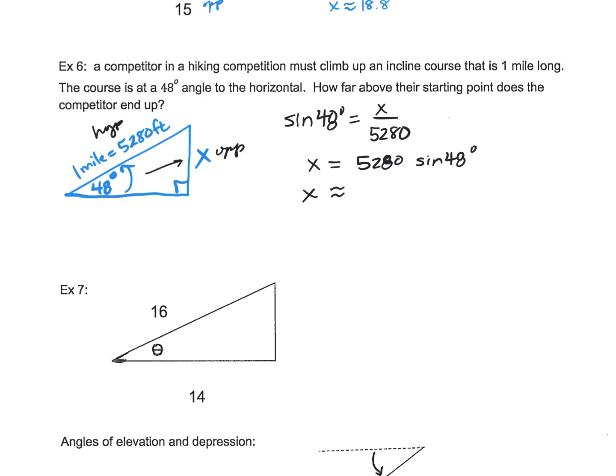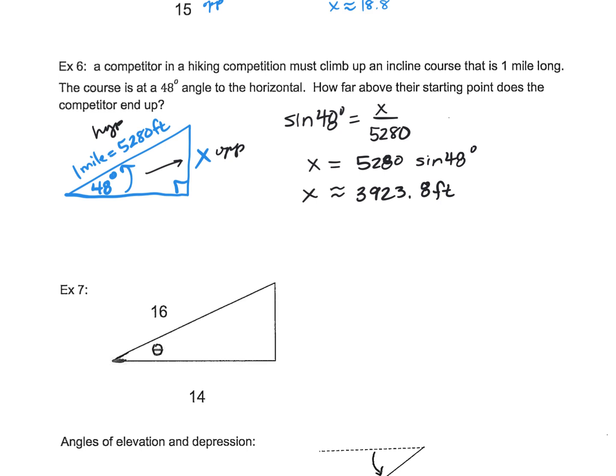What elevation do they end up at? 3,923 point about what, 8 feet? Above their starting point.